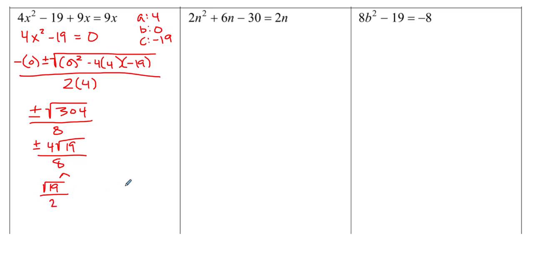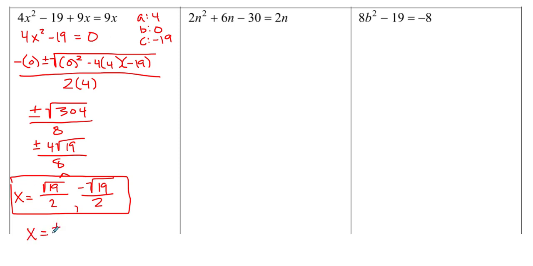So this is one of my solutions, and then we have the minus radical 19 over 2, and that's our two solutions. All right, not so bad. All right, boom. Write it down. Okay, or we could have done x is equal to plus or minus radical 19 over 2. This would work as well.